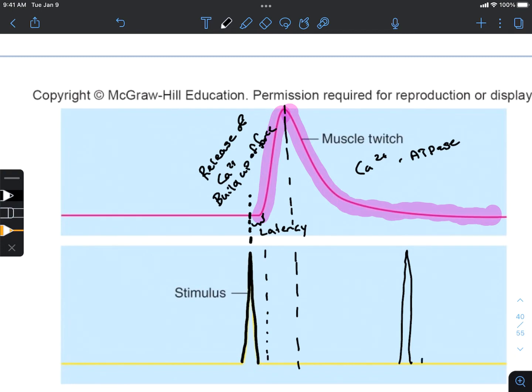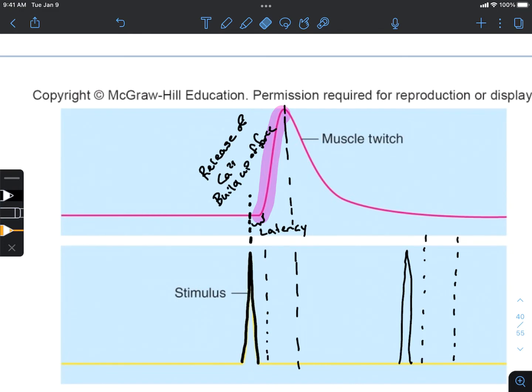Well, if we wait for our latency period to occur, and I'm going to try to estimate the same size, we're going to begin to build up force here, and then a relaxation phase here, and we have another twitch, and it should look about the same. If I had better drawing skills, it would look exactly the same. And so we would essentially get two individual muscle twitches in a row.